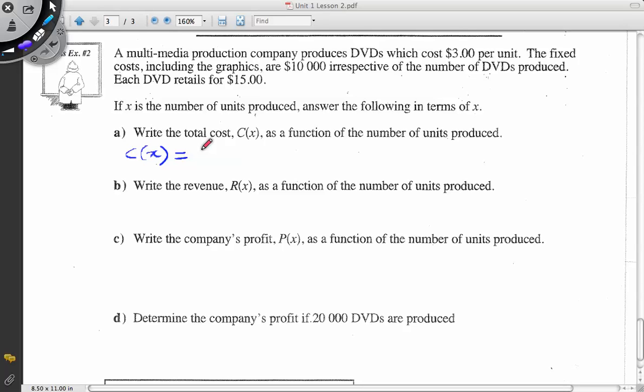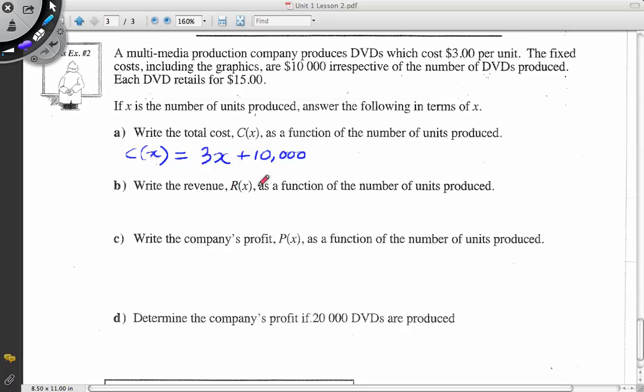Okay, so that means $3, and we're going to times that by the number of DVDs we produce, which is x. And we also have this $10,000 every time, whatever we do. That is the startup costs, or the fixed costs. So there is our function. $3 times the number of DVDs produced will be one set of costs, and this is the fixed cost. So that's what our function will look like.